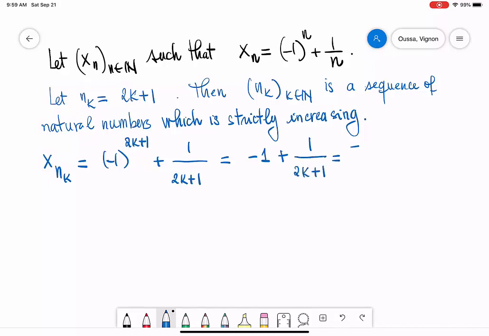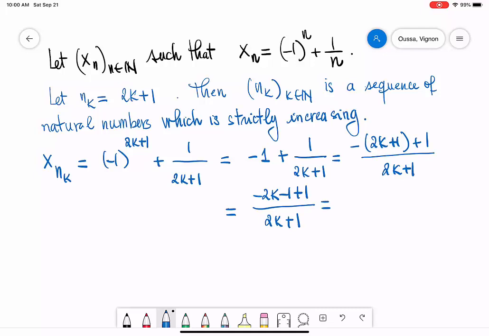Right, so that would be negative (2k+1) plus 1 over 2k+1, which is negative 2k minus 1 plus 1 over 2k+1. So we get negative 2k over 2k+1.